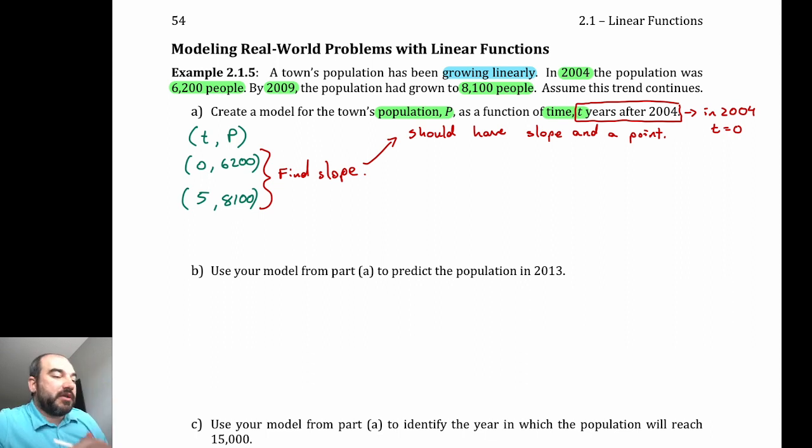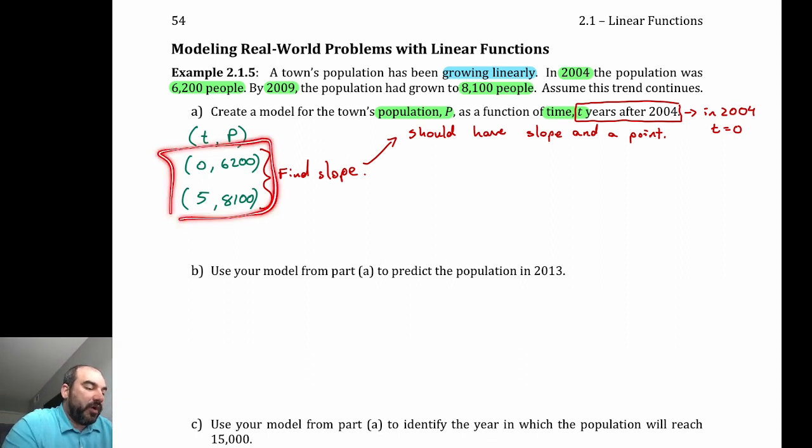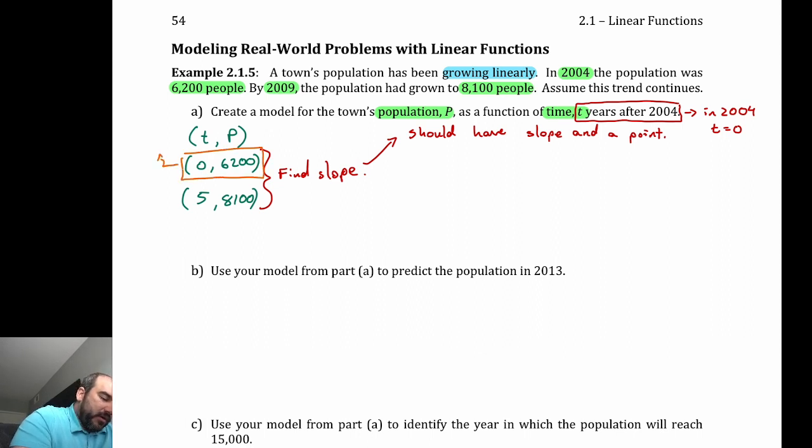We actually have 2 points to work with here. You can pick either of these points that you want, and then once you find slope, you have slope and a point. You actually also have this specific number, the 0 comma 6,200, which is also known as the initial value, or y-intercept.